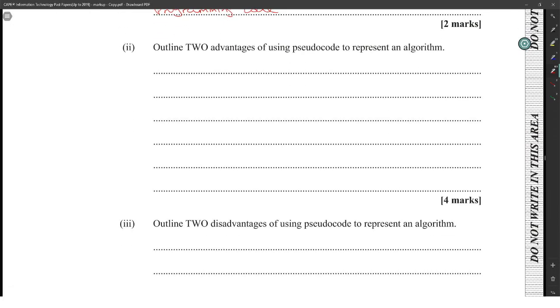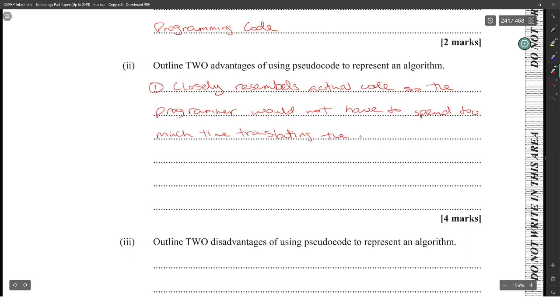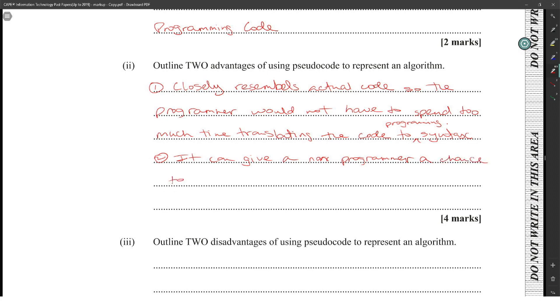Outline 2 advantages of using pseudocode to represent an algorithm. 1, it closely resembles actual code, so the programmer would not have to spend too much time translating to programming syntax. 2, it can give a non-programmer a chance to understand the program a bit, since English-like statements are used.